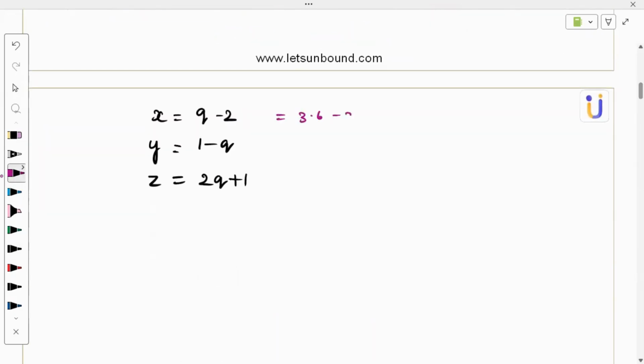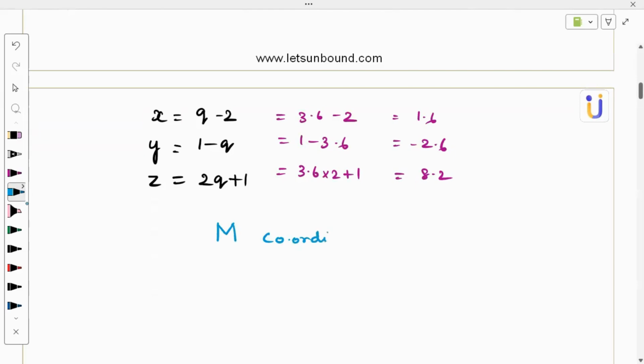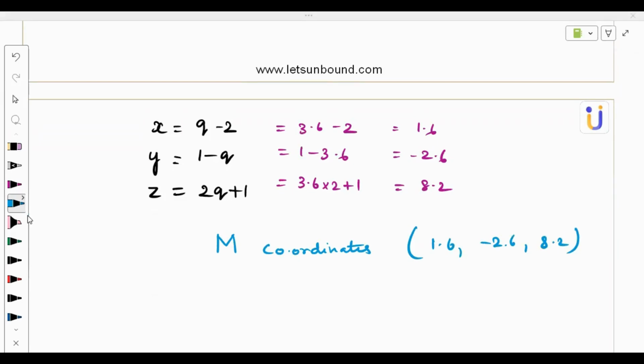So 3.6 minus 2, 1 minus 3.6, 3.6 times 2 plus 1, which is going to be 1.6, minus 2.6, and 8.2. So the coordinates of M are respectively 1.6, negative 2.6, and 8.2. That's simple. So we have completed this part and are moving forward to the next part.